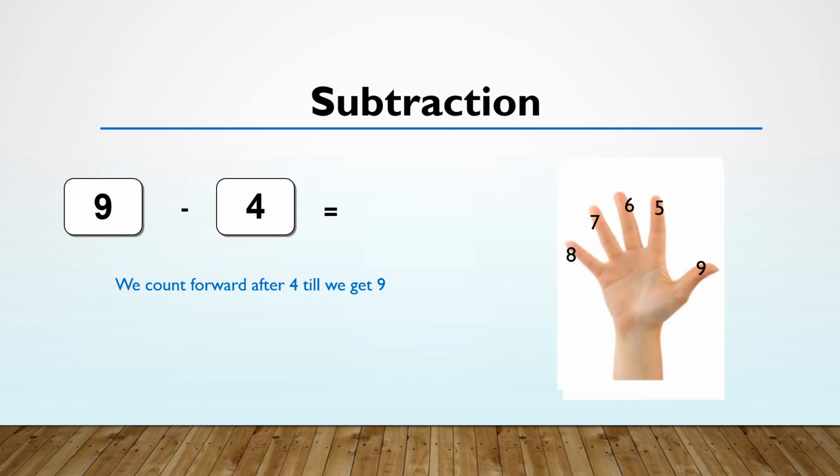We have opened our 5 fingers as we counted forward from 4 till 9. So, the answer is 5. We can read this as 9 minus 4 is equal to 5.